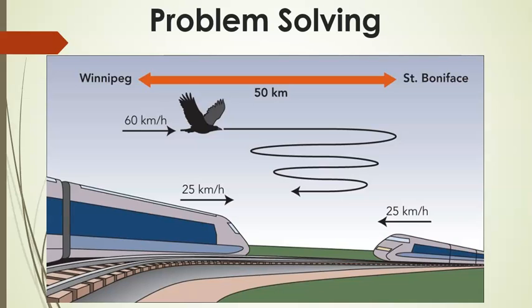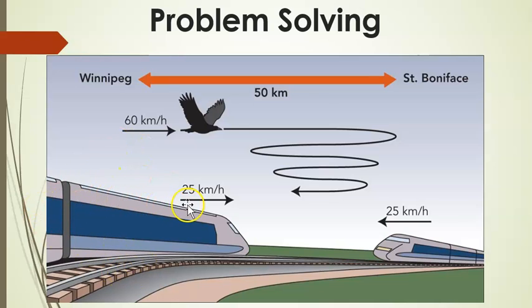Now here's just an example of a common problem that we talk about. This is the crow and trains problem, where you've got 2 trains traveling in opposite directions on different tracks. We've got train A over here.